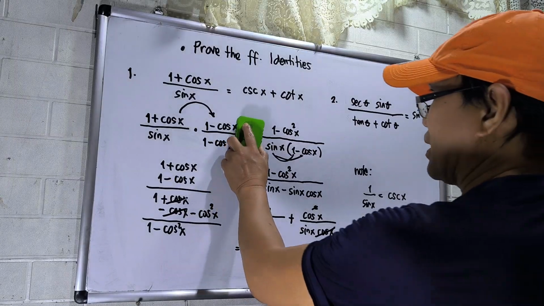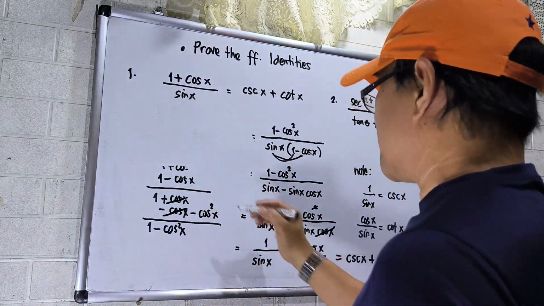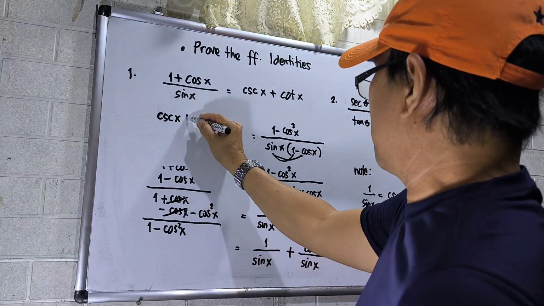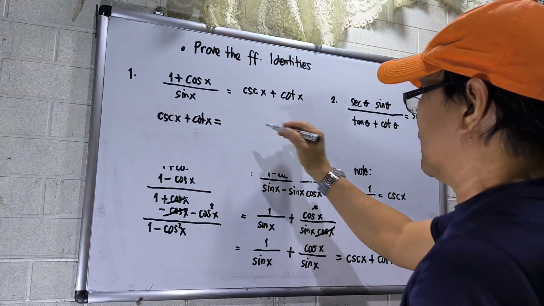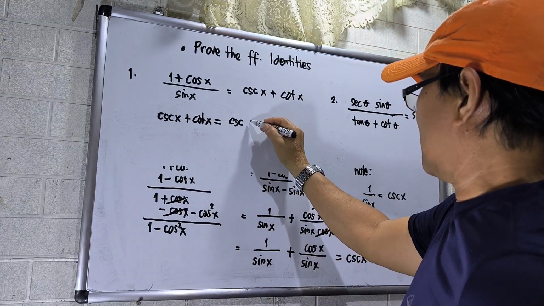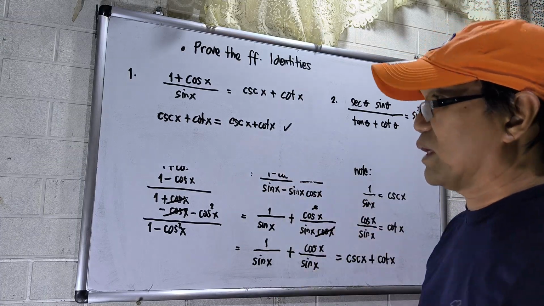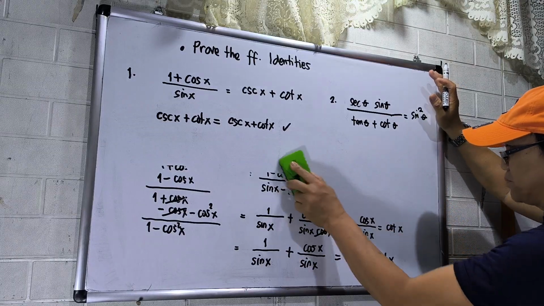So therefore, this value, cosecant x plus cotangent x, will be equal to cosecant x plus cotangent x. So therefore, number 1 is correct. Let's proceed to number 2.